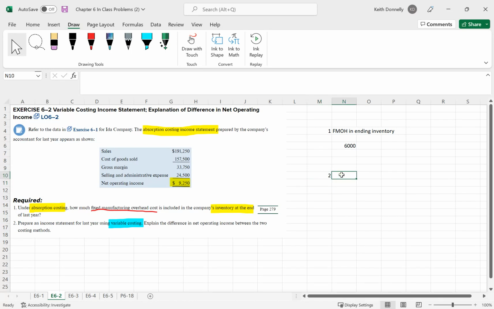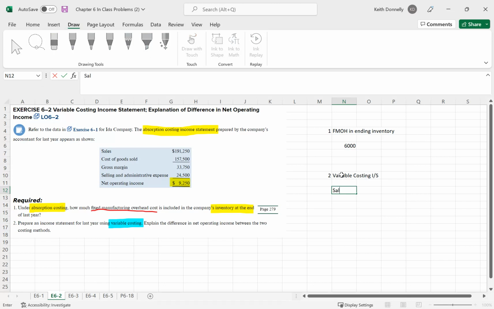So we have to do a variable costing income statement. With this, we're going to be following that contribution margin setup. It's going to be your sales minus your variable expenses, which gets you your contribution margin, back out your fixed expenses, and get you your net operating income.